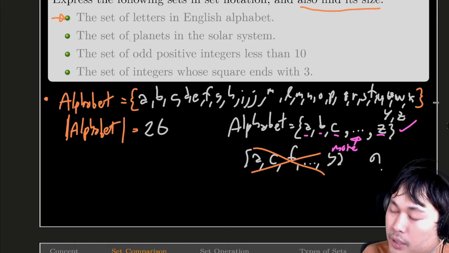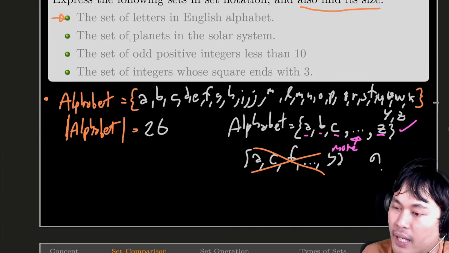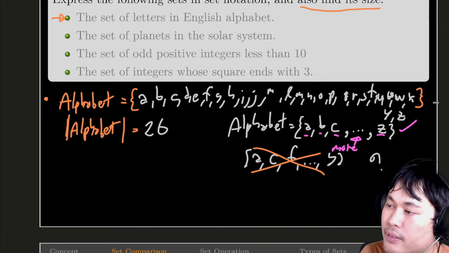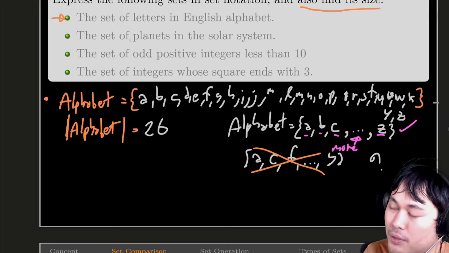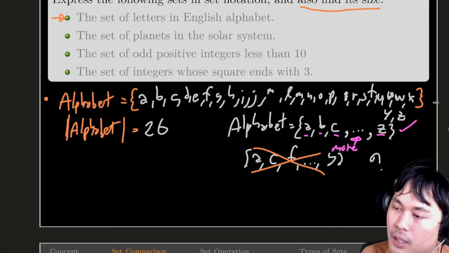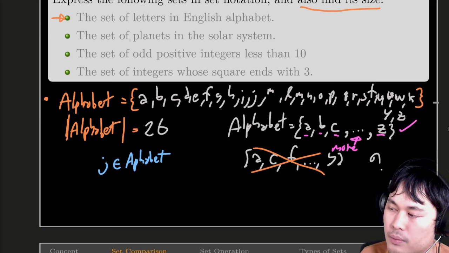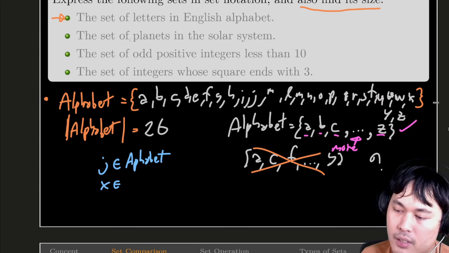That's one comment. The next comment is that once you have this set, you can now write that J is in the set of alphabet, or X is in the set of alphabet.